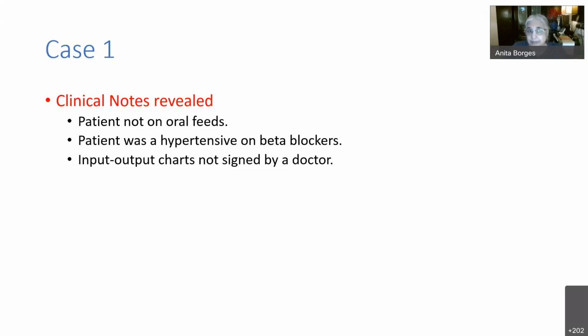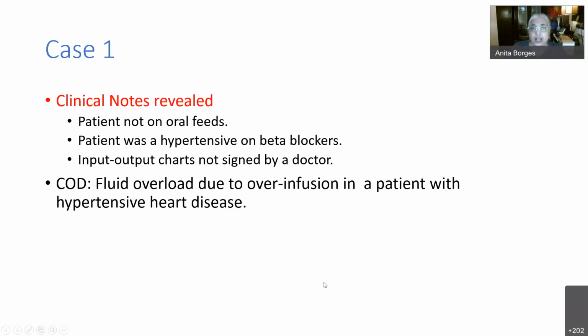The patient was a hypertensive on beta blockers, okay? And the input-output charts were not signed by a doctor at all. I looked up the input-output charts and I found that this patient had a fluid overload due to overinfusion, in a patient who was not on oral feeds and who had hypertensive heart disease.